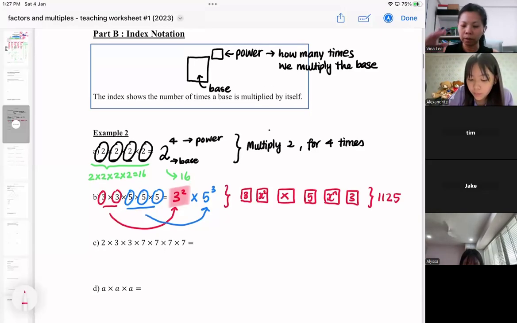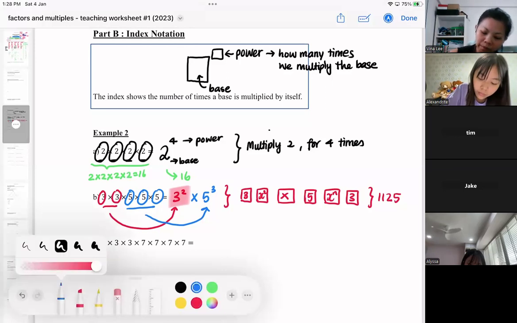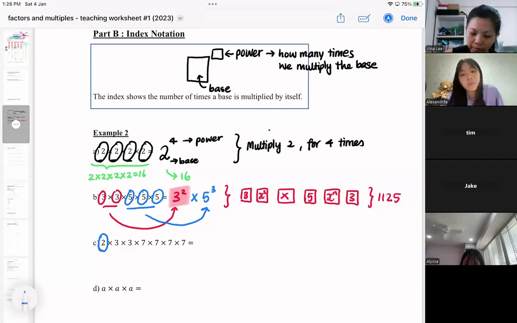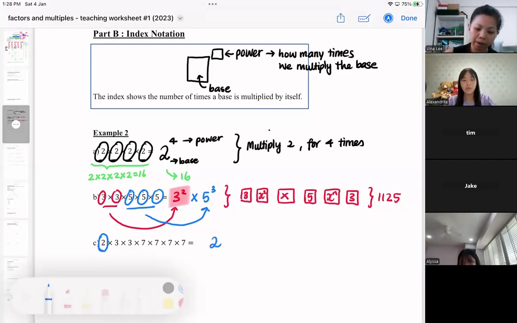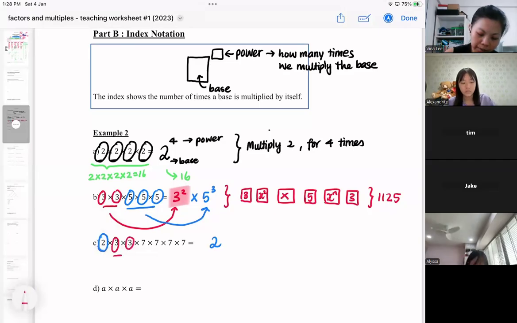Okay, so for the rest of you, this is called index notation. That means there's a tiny number on top. Let's go to the next one. 2 is on its own, but 3 is 3 times 3, which is 3 squared, so you multiply 2 times.